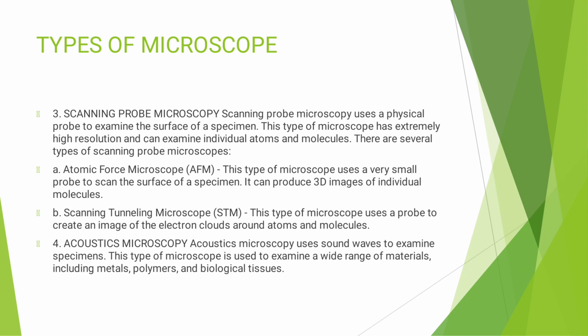This uses a very small probe to scan the surface of a specimen and produces a 3D image. Then the scanning tunneling microscope, which uses electron clouds around the atoms and molecules to create an image. Then acoustic microscopy, which uses sound waves to examine the specimen.